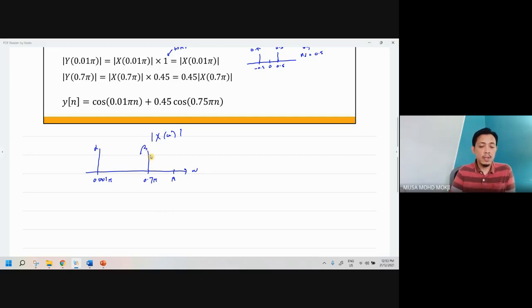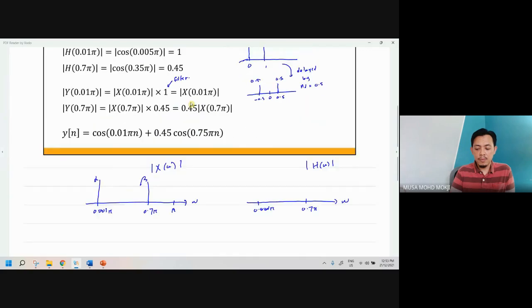Of course, we need to do some calculation to get alpha and beta. So let's assume it is alpha and beta. And we have our H omega evaluated at 0.01 pi and at 0.7 pi. The first one is equal to 1. The second one is equal to 0.45.